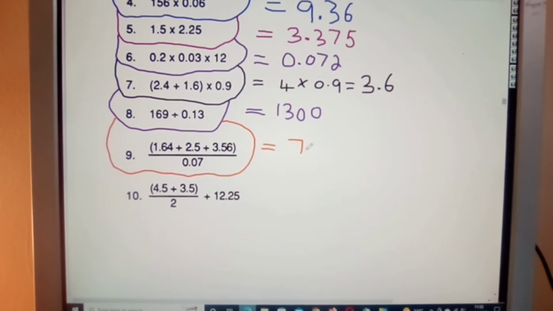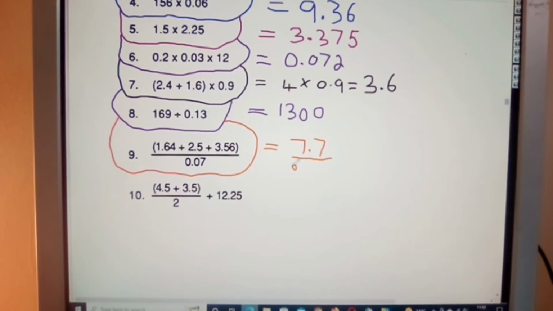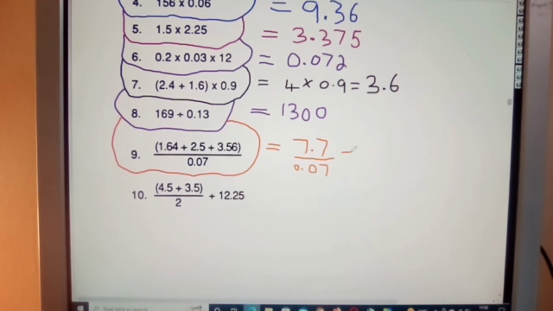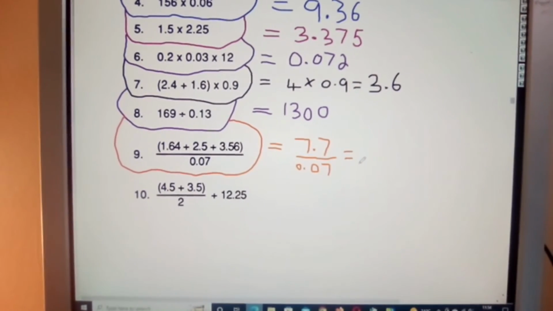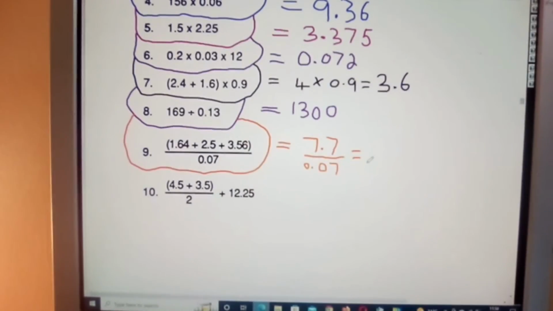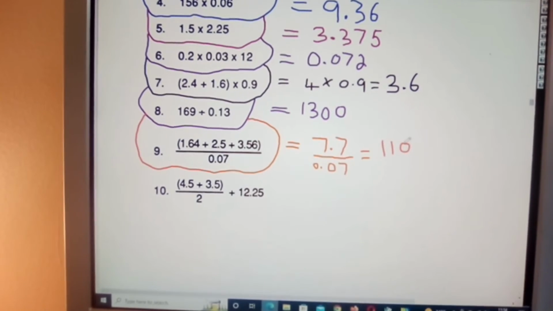So that then equals 7.7 divided by 0.07, which is equal to 110.